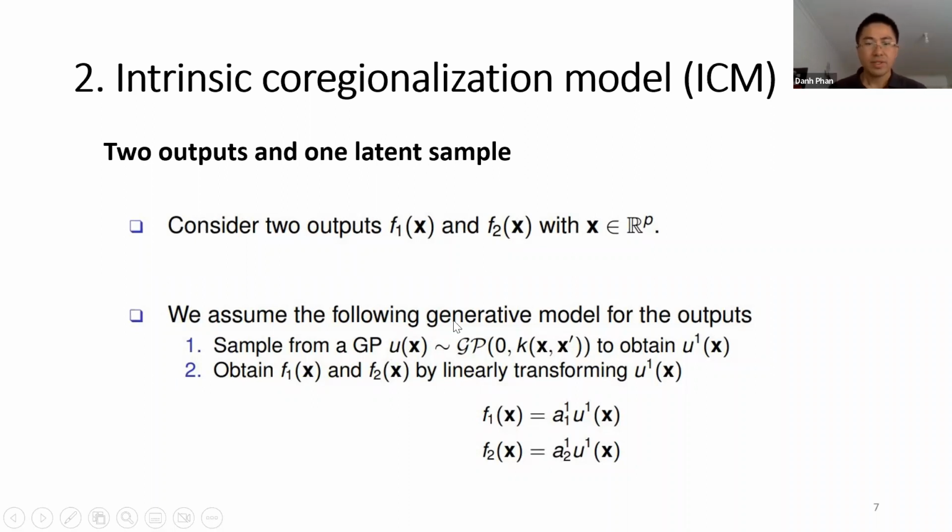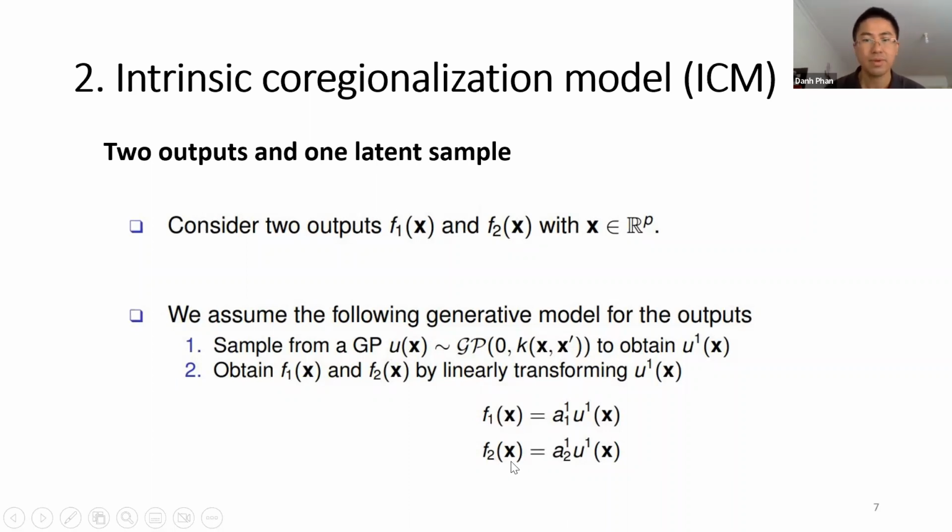So assume that we have a Gaussian process U(X) with kernel K, and from that Gaussian process we sample one sample U1(X), and from U1(X) we do a linear transformation by multiplying U1(X) by scalar values A11 and A12 to calculate F1(X) and F2(X).